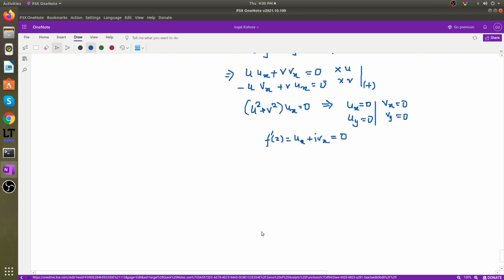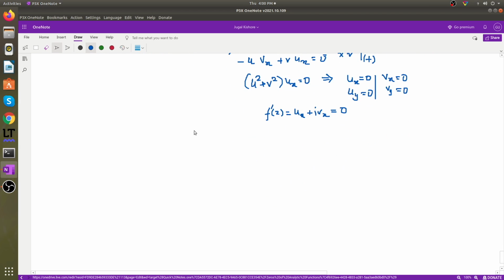Now we can write f of z minus f of 0. This is just the integration from 0 to z of f prime zeta d zeta, and we know that f prime zeta is equal to 0 in domain D. So if this is equal to 0, the integration will be 0.